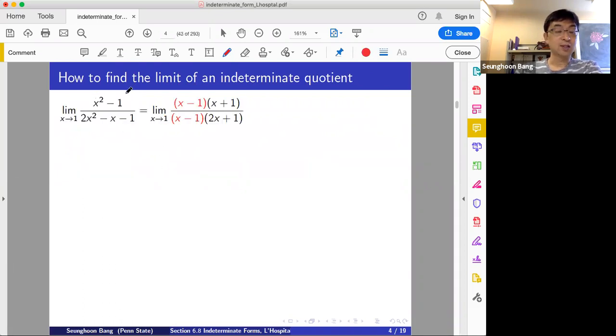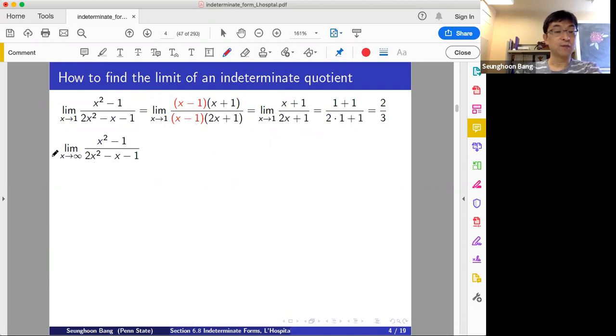The top is x minus 1 times x plus 1. The bottom is x minus 1 times 2x plus 1. So you cross out x minus 1. Next, plug 1 into the top and bottom: 1 plus 1 over 2 times 1 plus 1. The answer is 2/3. This is the answer using the algebraic method.